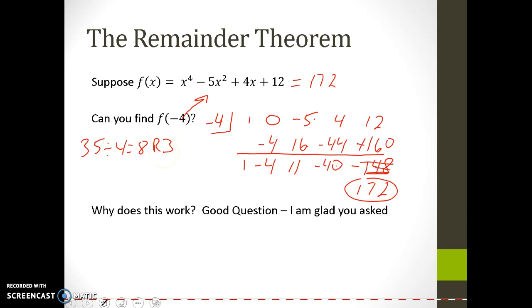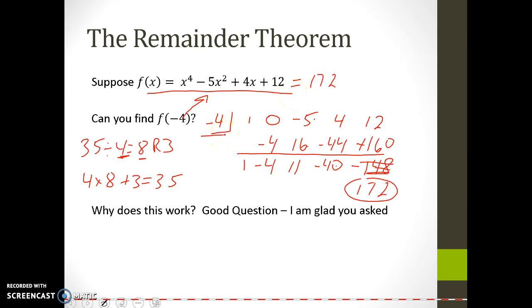Well, I can write it like this. I can also write it like this: 4 times 8, add the remainder, and I will always get what I started with.